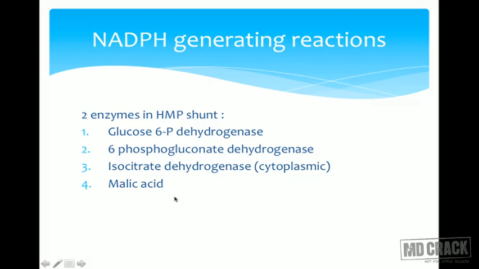Malate is converted to pyruvate, so NADPH is generated in the cytosol so that fatty acid de novo synthesis can take place. This is happening during the transport of acetyl-CoA from the mitochondria to the cytosol. That is where malic enzyme is going to act and help generate NADPH at the same time. So these are the NADPH generating reactions.